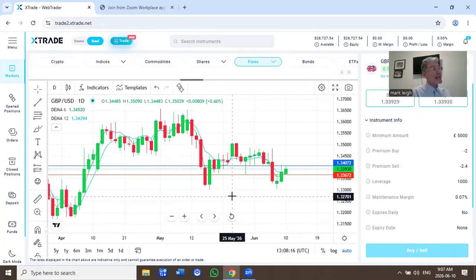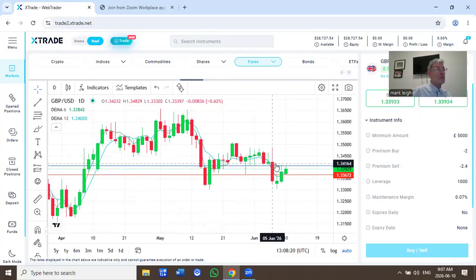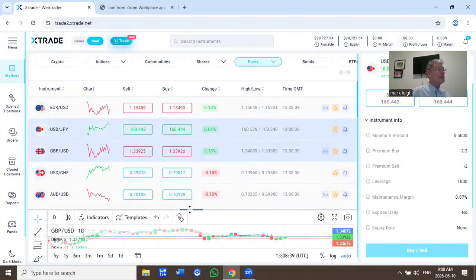Buyers of pound, sellers of US, that's weak US dollar, would see this resistance being tested, looking to break above this resistance level. If we get a turnaround from weak to strong US dollar, sellers of pound, buyers of US will be looking down at this support level at the 133.67.